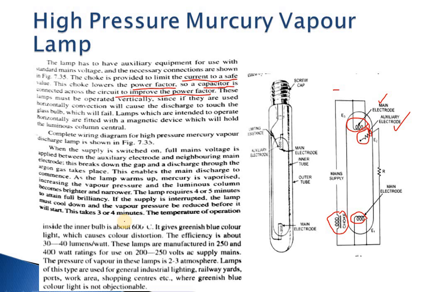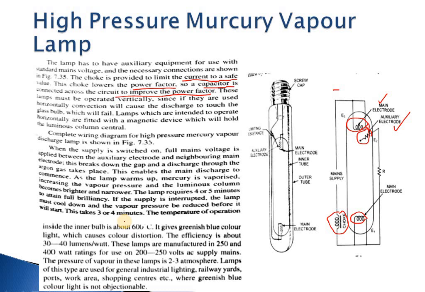It gives a greenish blue color light which causes color distortion. The efficiency is about 30 to 40 lumens per watt. These lamps are manufactured in 250 and 400 watt ratings for use on 200 to 250 volt AC supply mains. The pressure of vapor in these lamps is 2 to 3 atmospheres.